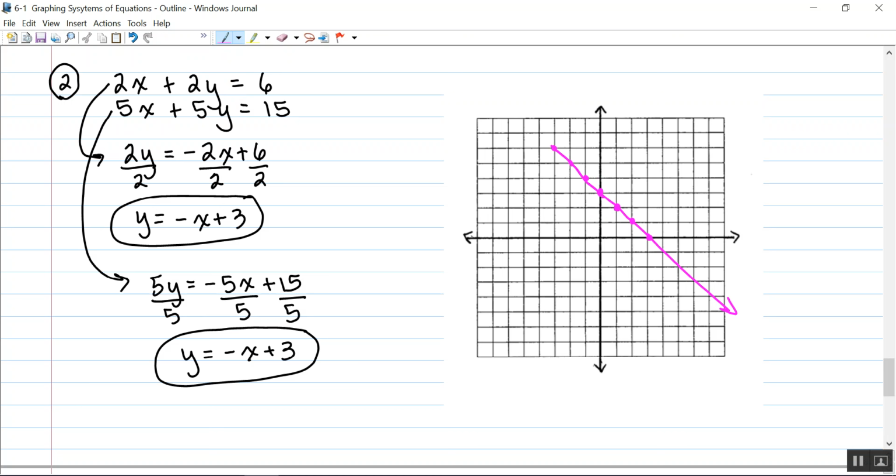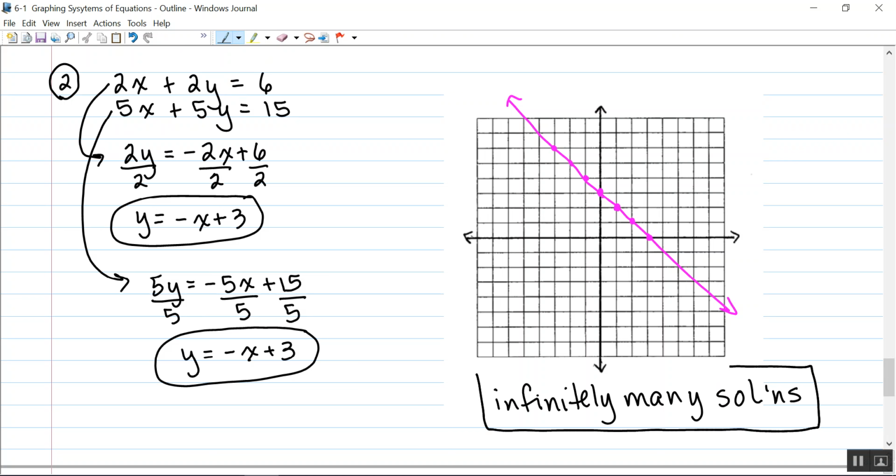And because these two lines are exactly the same, we say that this system has infinitely many solutions. Because actually what's going on is these two lines are sitting on top of each other. So in how many places do they intersect? Infinitely many. So if the two lines are the same, there are infinitely many solutions.